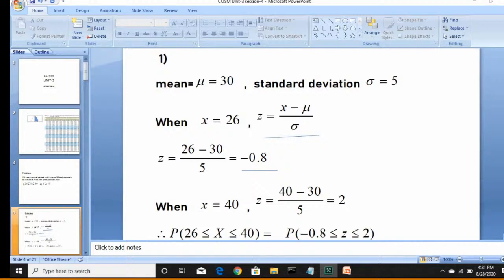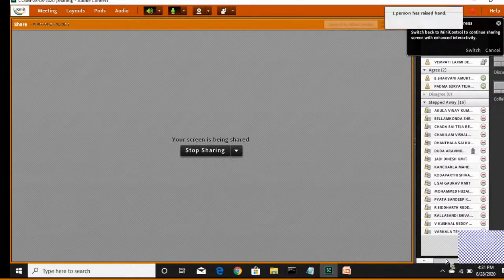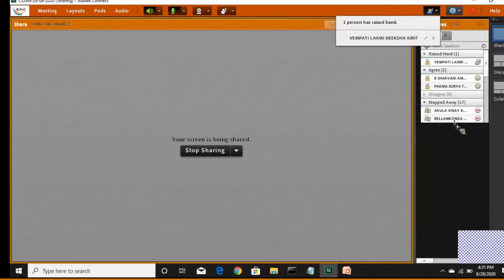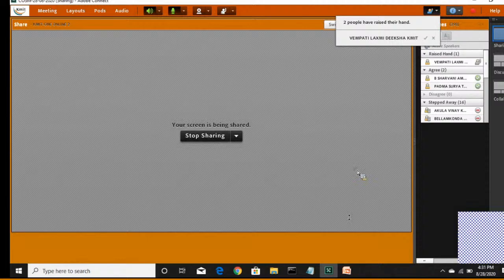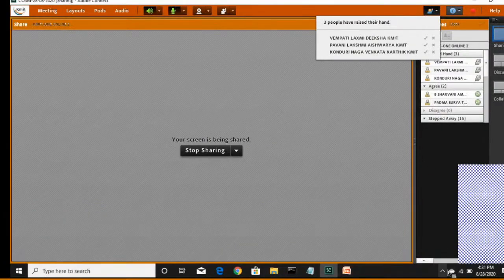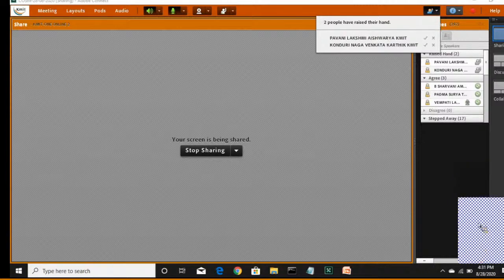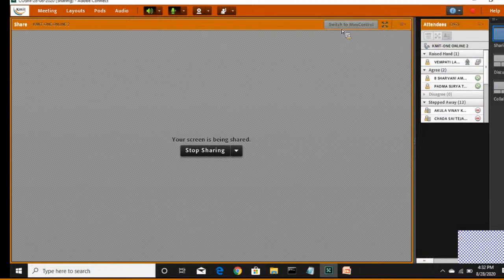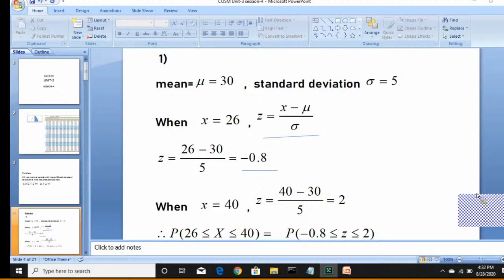You can find out the area. What is the area you are getting?